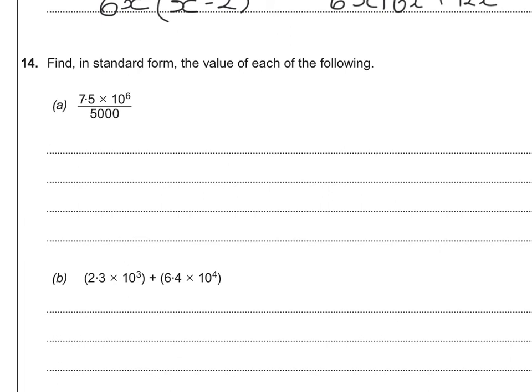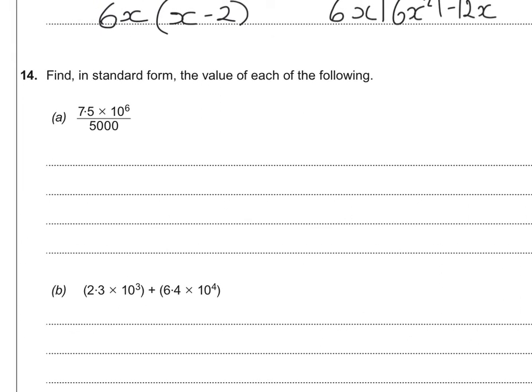Okay, question 14 part A. We've got 7.5 times 10 to the power of 6 divided by 5,000. Now what the exam wants you to do here is put both numbers into standard form. So this is going to be 7.5 times 10 to the power of 6 divided by 5 times 10 to the power of 3. Now, when we do our division of standard form, we can split the fraction up.